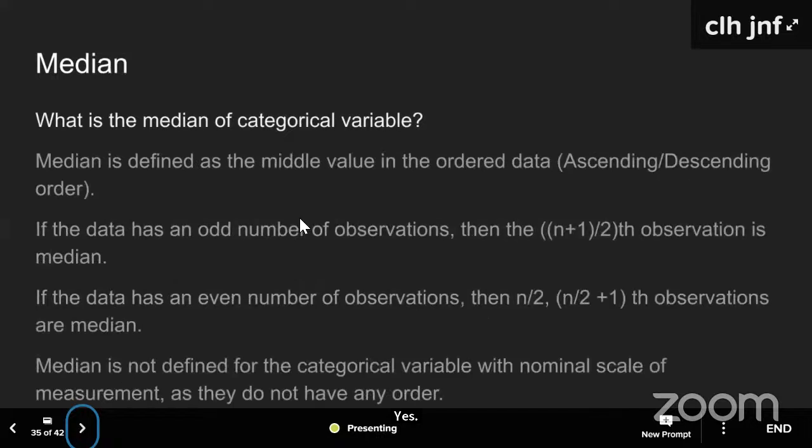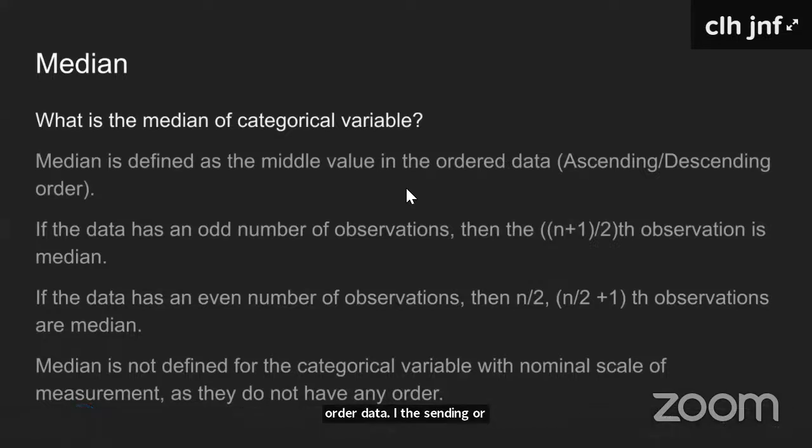Median. Median is defined as the middle value in the ordered data, either ascending or descending. Those who attended the last lecture, we had some questions at the end of the session when we were calculating median. We have to arrange all the data in ascending or descending order. If the number of observations is odd, then the middle one is your median.